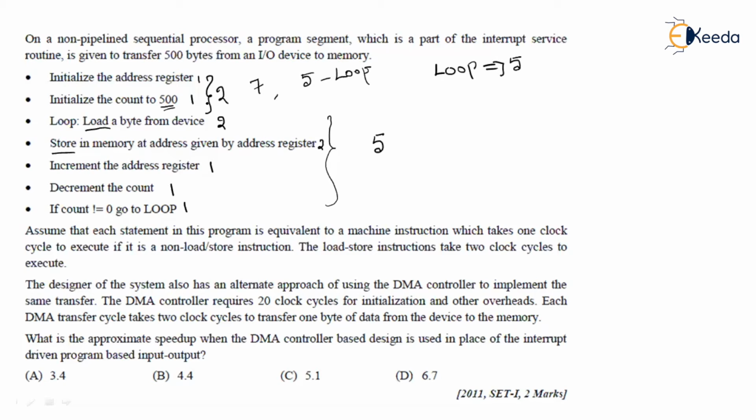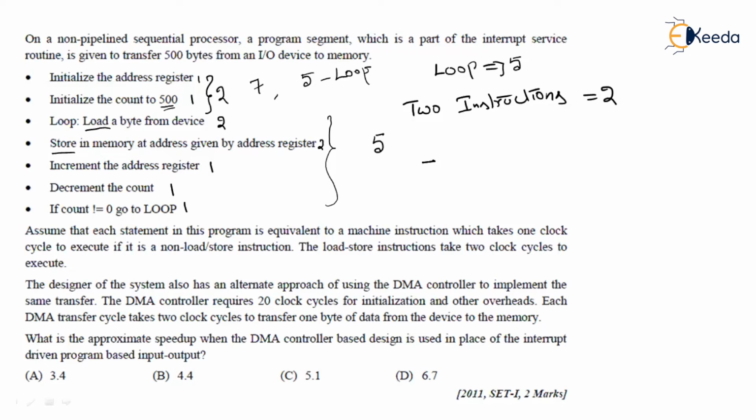Outside the loop there are 2 instructions, which take 2 clock cycles. Inside the loop there are 2 load and store instructions, and the remaining instructions are equal to 3.